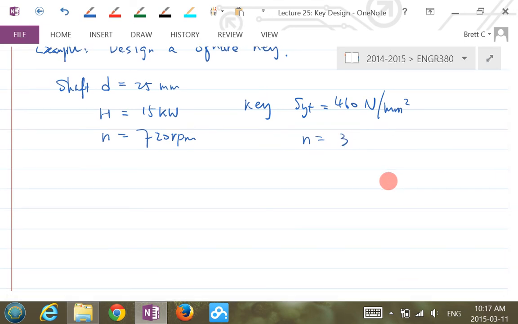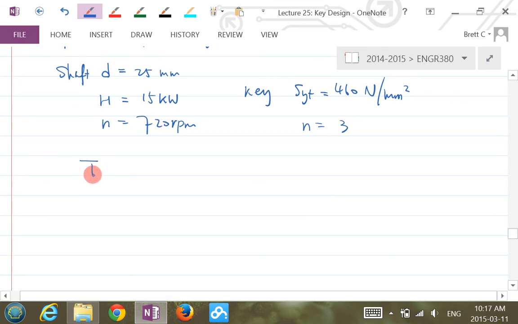So what would be a proper key length L? First you need to determine how much torque is being transmitted. Torque is equal to H over W, and it's approximately 9.55 H over N. Plugging in all the numbers, you get 198.9 Newton meter.